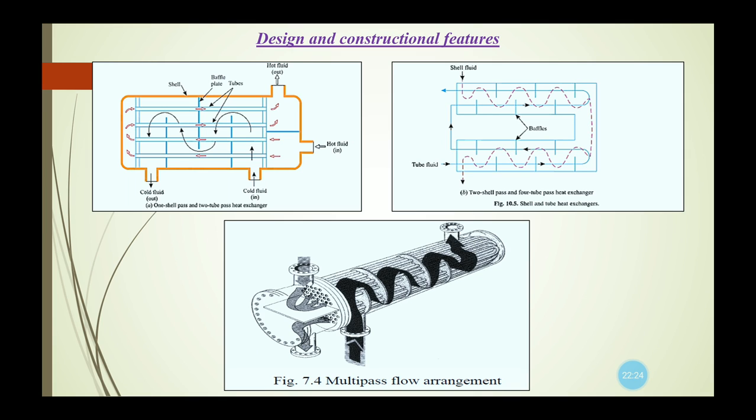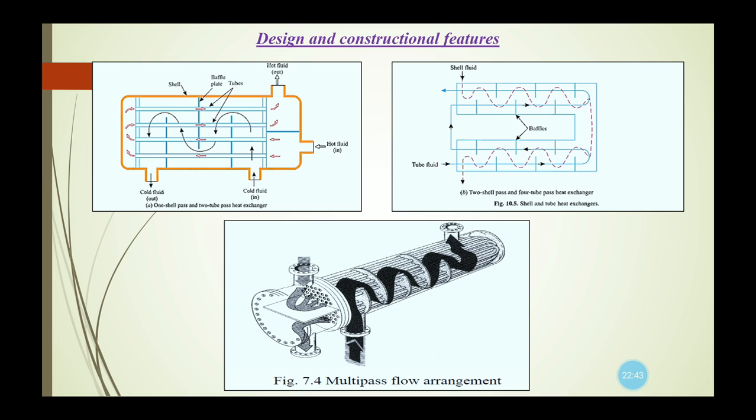Now here we use multiple tubes, so it is possible to arrange the flow so that one region will be in parallel and another portion will be in counter flow. So this thing happens in case of this multi-pass flow arrangement.